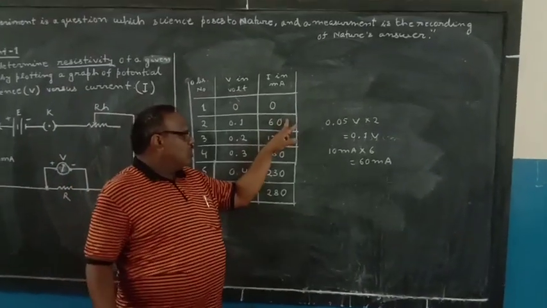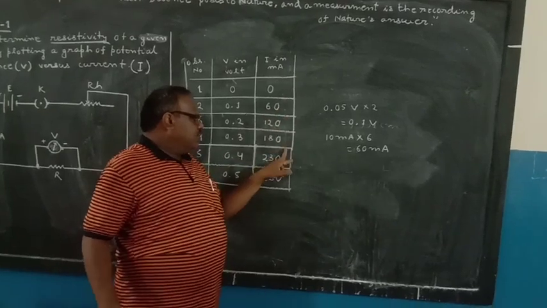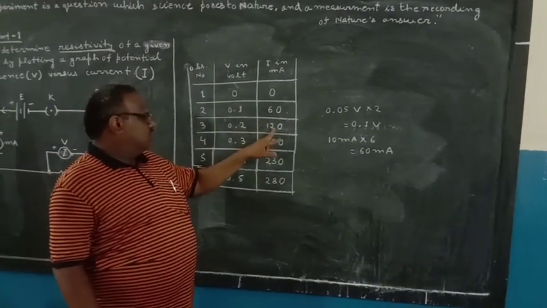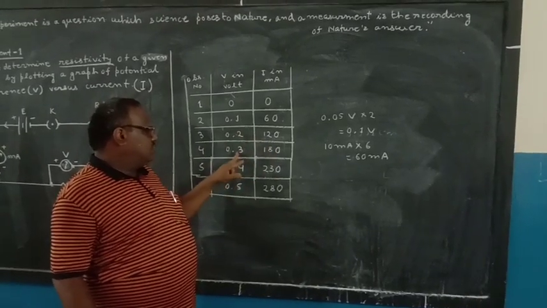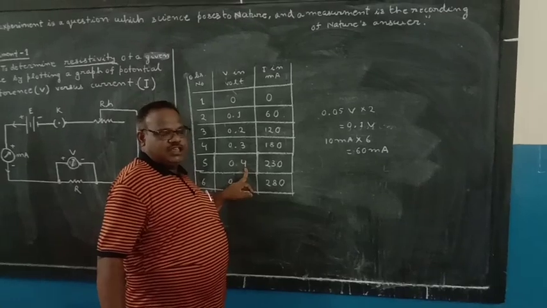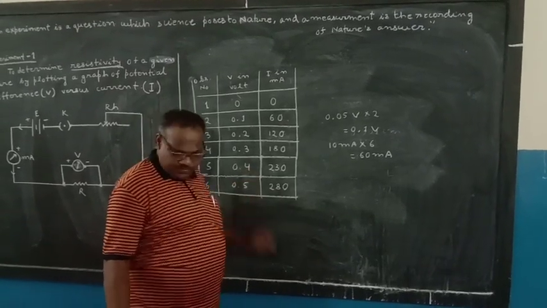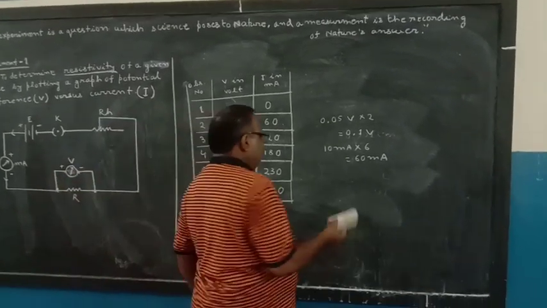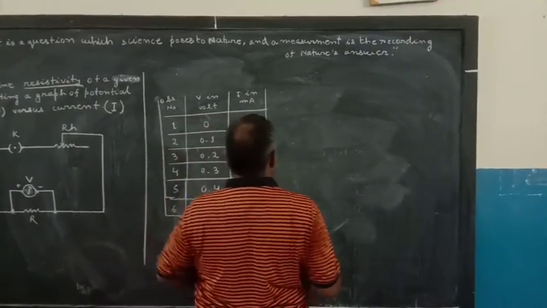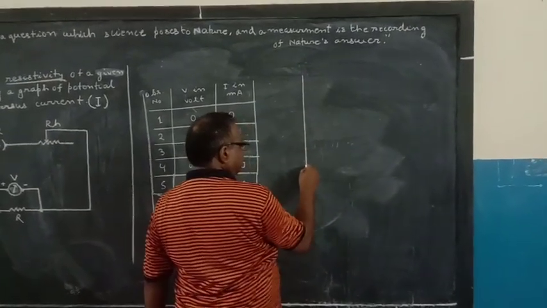See carefully. Then you plot a graph between them. If you see here, this ratio is constant, but this divided by this has a slight variation. If you want to plot the graph, then plot it taking a proper scale in both the axes.